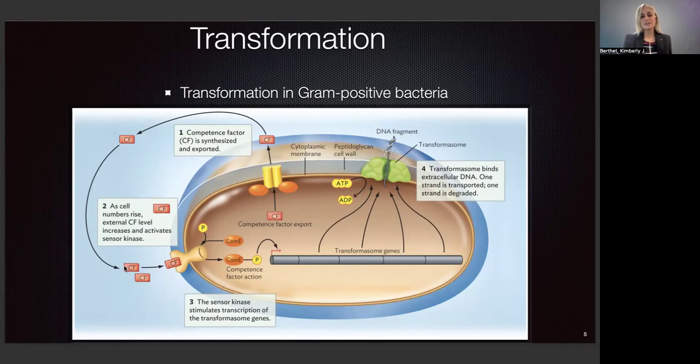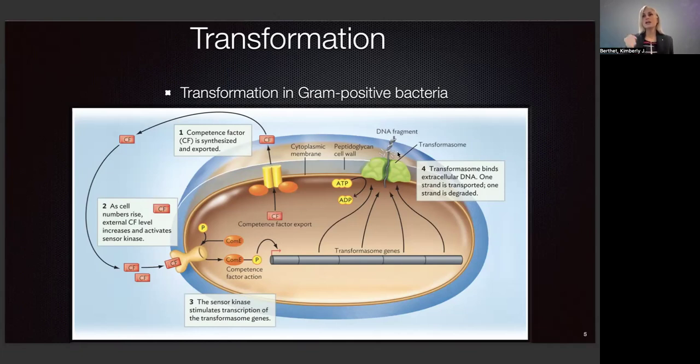and it starts interacting with this kinase, which is an enzyme that can activate genetic material. So this sensor kinase here picks up this competence factor, CF, then phosphorylates a downstream reaction, which causes gene regulation to upregulate specific genes necessary for taking in DNA from an exogenous environment.